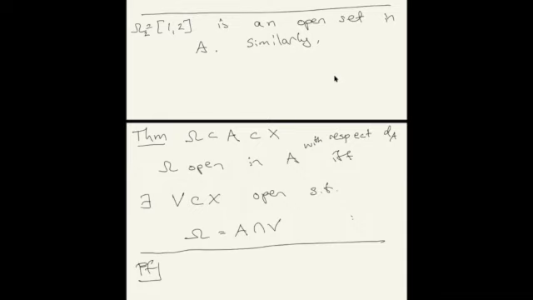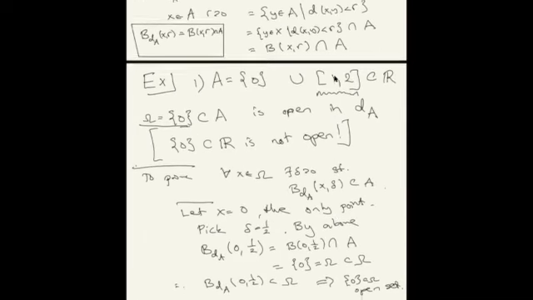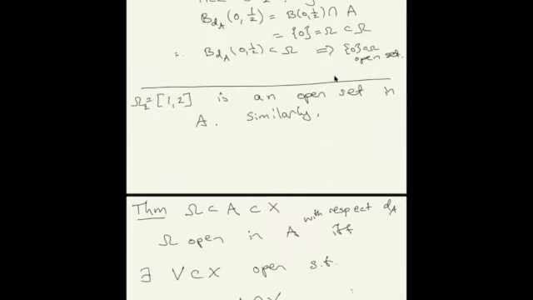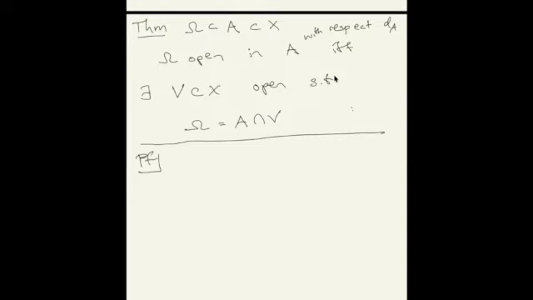So we saw that balls are intersections of balls. Similarly, open sets are intersections of open sets.